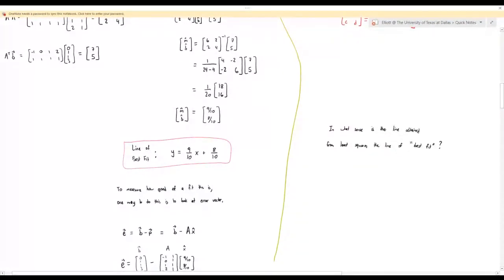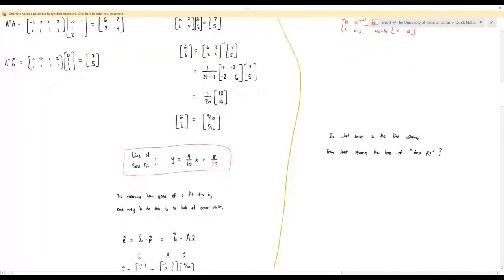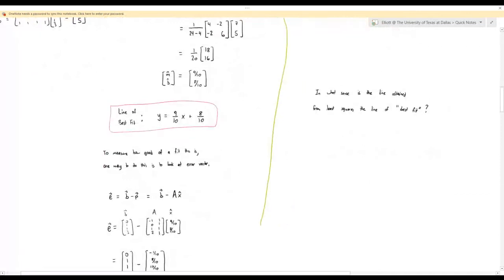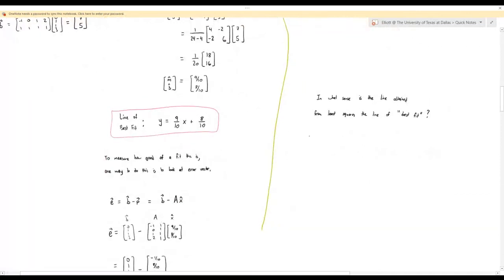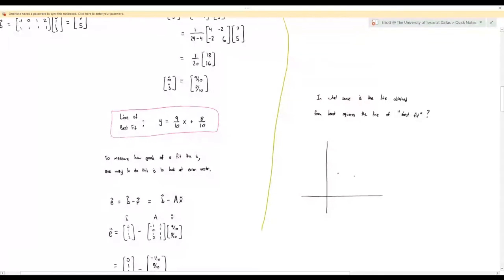Let me draw a picture. Just as an example, let's say we had some data points.